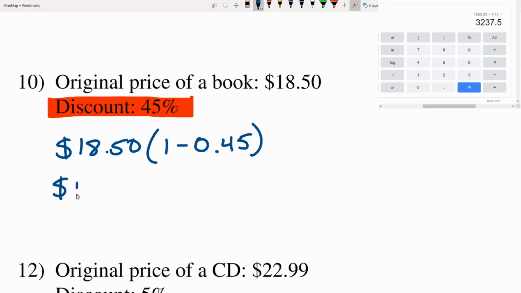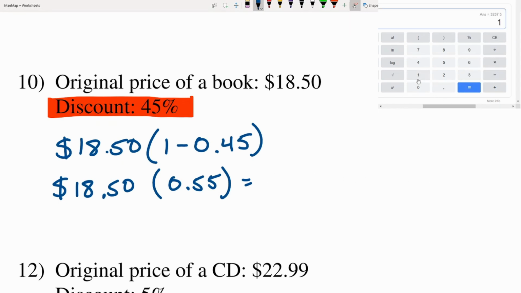So this will be $18.50 multiplied by 0.55, because 1 minus 0.45 is 0.55. Back to the calculator, $18.50 times 0.55 is 10.175, which rounds to $10.18.